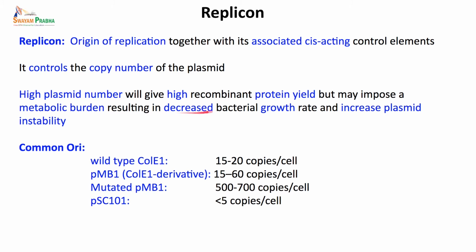So your overall protein yield will then decrease. So oftentimes one has to compromise between how much plasmid number you want to have and how much protein you want to express, and the bacterial growth. So keeping these two parameters in mind, one has to judiciously choose a proper replicon.